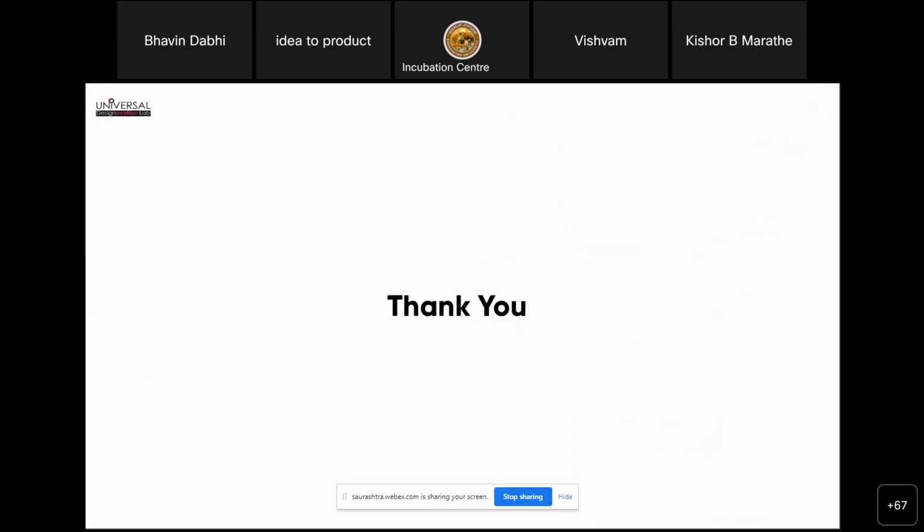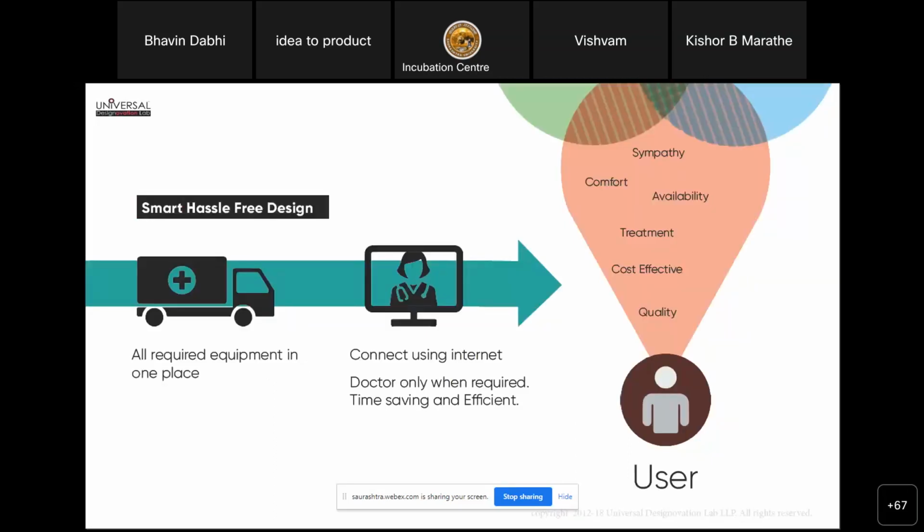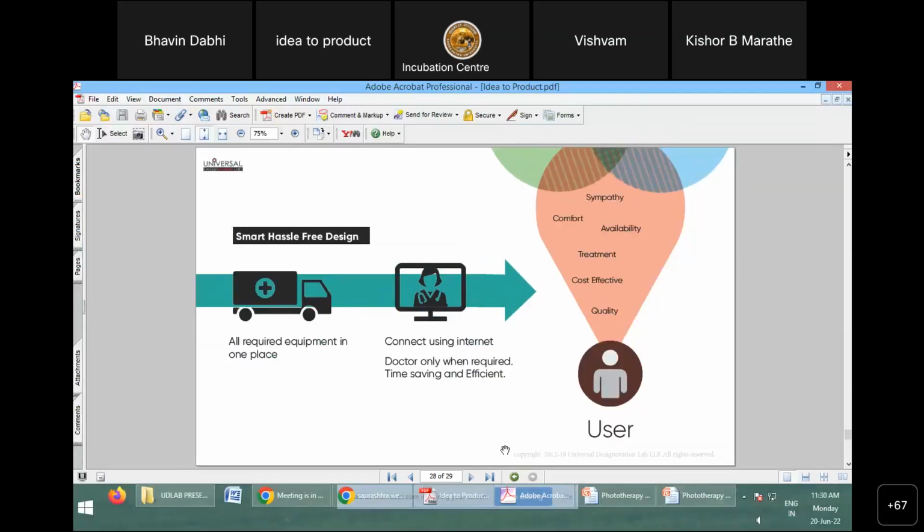If we can divide India into 100-kilometer circles and deliver that, if we can make a technology like a food truck and put all the services into it.